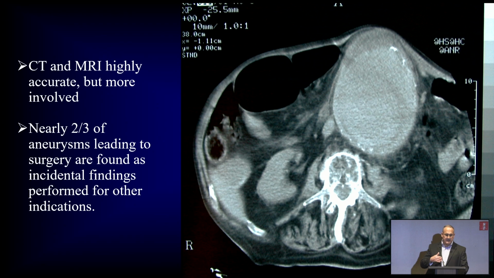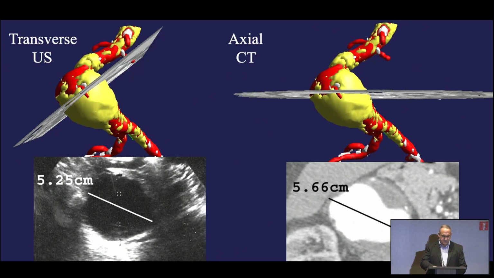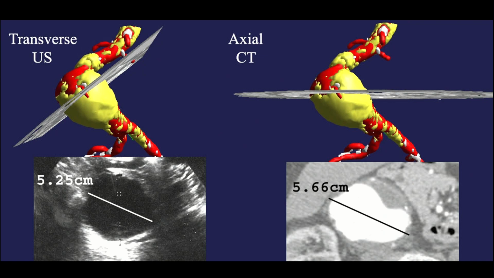CT and MRI have the risk of IV contrast and are more involved, but the interesting note is that about 2/3 of aneurysms are found incidentally on these scans. My ultrasound contribution to the talk is not great, but aneurysms are not straight up and down in the body.